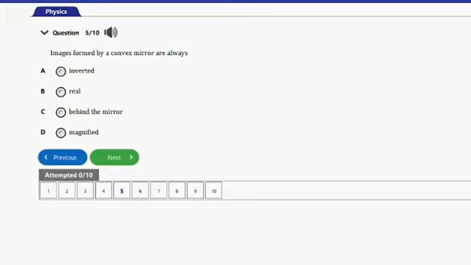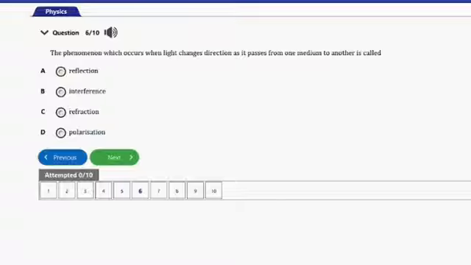Let's go ahead and consider the next question. So that's question number 6 here. It says, the phenomenon which occurs when light changes direction as it passes from one medium to another is called A, reflection, B, interference, C, refraction, and D, polarization.